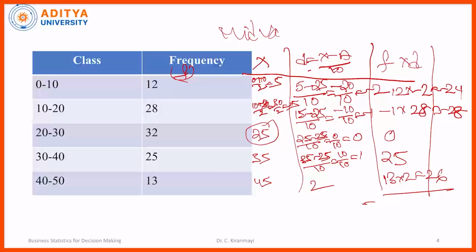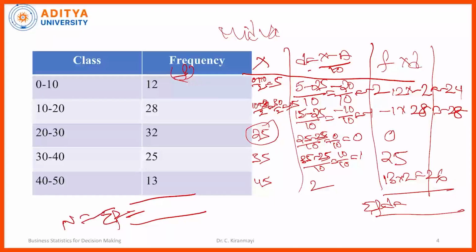Now we have to find the summation of this column, which gives summation FD, and we also compute summation F, which is nothing but the capital N value, whereas the assumed mean A value is 25.